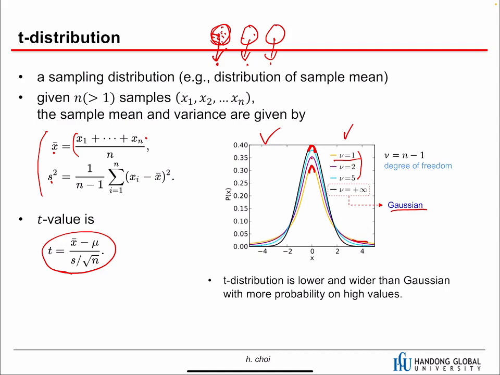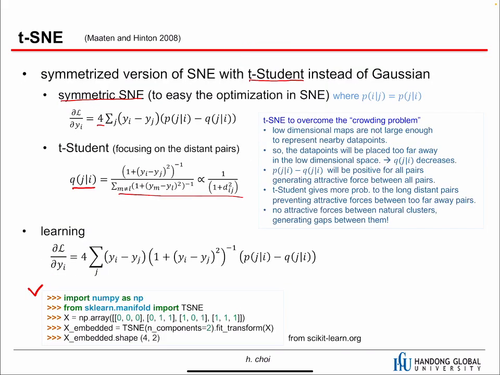So this is the T distribution, and this one is Gaussian. This one is wider, so we have more probability on the high values and the low values. So again, the T distribution puts more probability on the higher and lower values compared to the Gaussian. Okay, so let's get back to this slide.